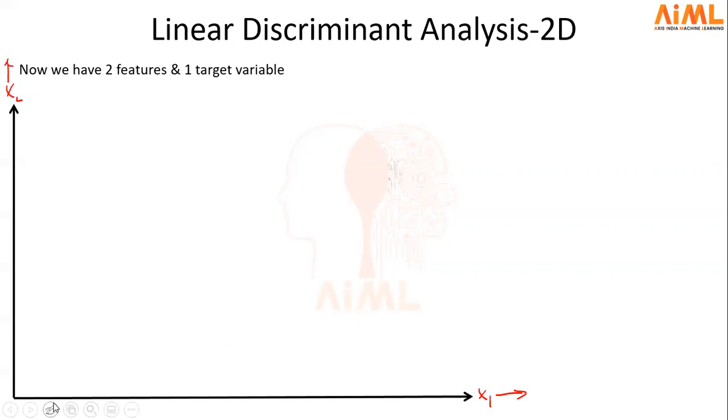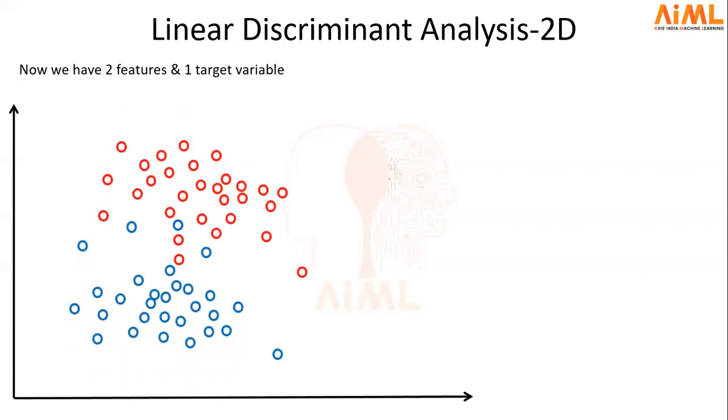Now let's take our training data and plot all the data points on this plot, of benign as well as malignant tumors. You can clearly see that here we have plotted our training data, where each data point corresponds to some value of x1 feature on the x-axis and x2 feature on the y-axis.